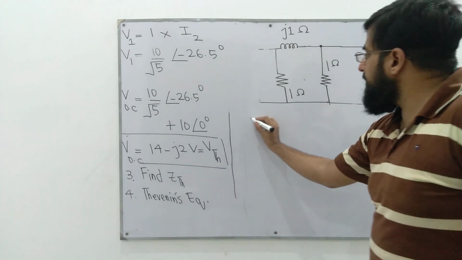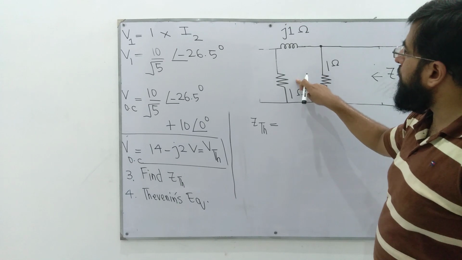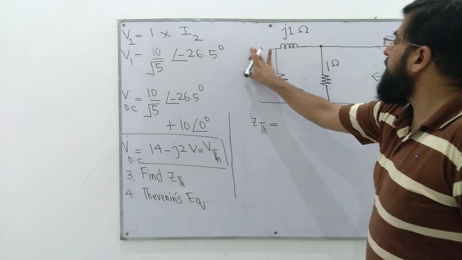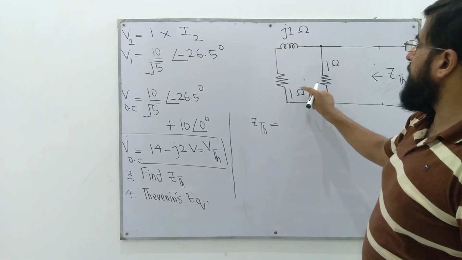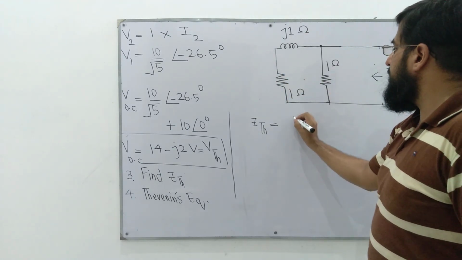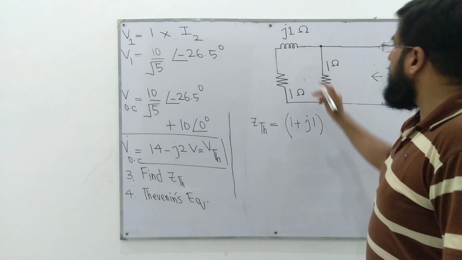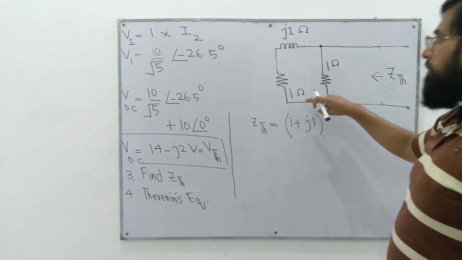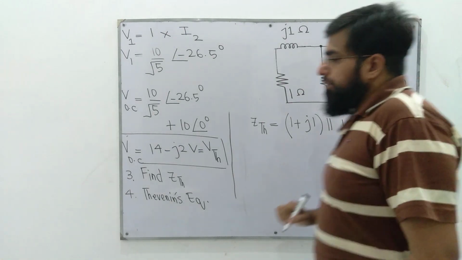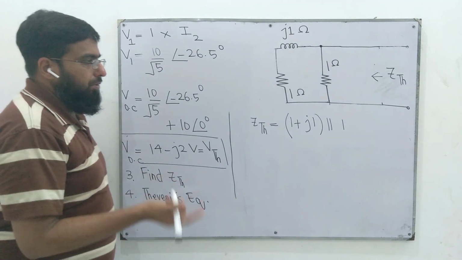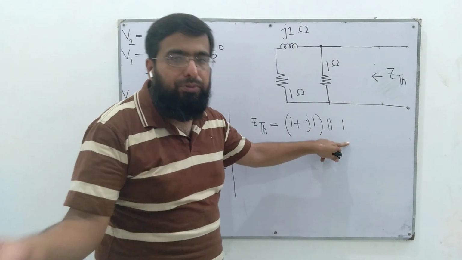To find Z Thevenin, we see this 1 ohm and J1 ohm are in series, open circuit from here. So this 1 ohm comes in series with this J1. This whole impedance is in parallel with this one. This parallel combination is solved as we have been doing it for DC circuits. This is R1, this is R2.